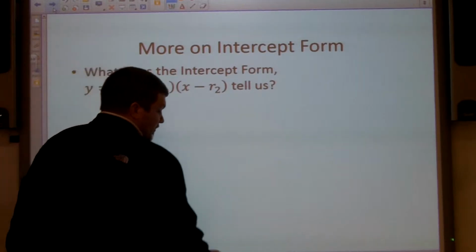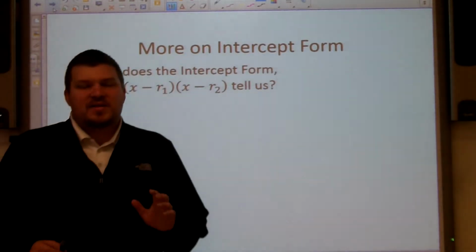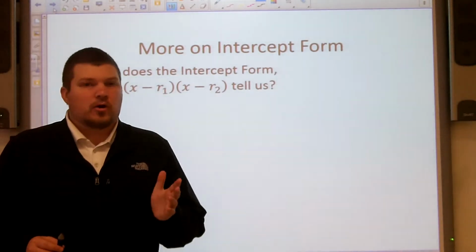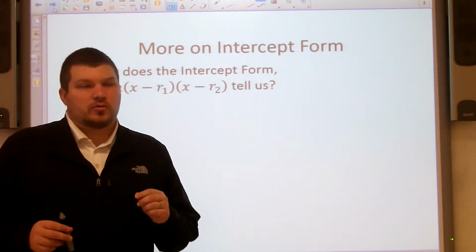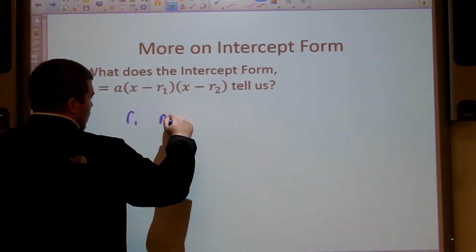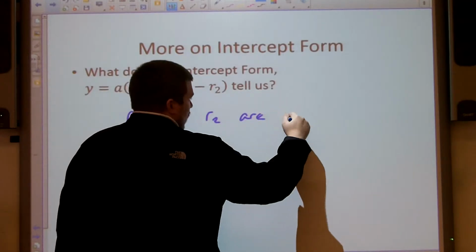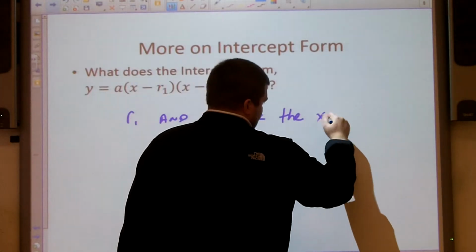Let's go and talk about the factored form. So for the factored form, all we're using are the x-intercepts of our parabola. Where does the parabola cross the x-axis? So r1 and r2 are the x-intercepts.